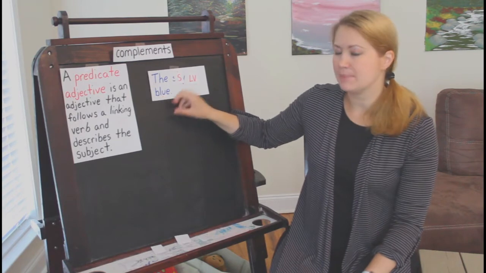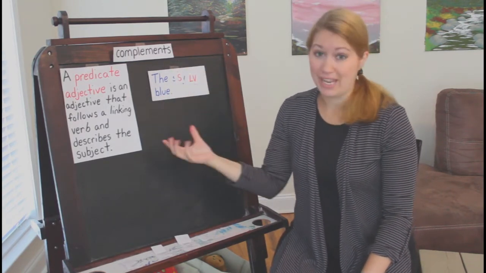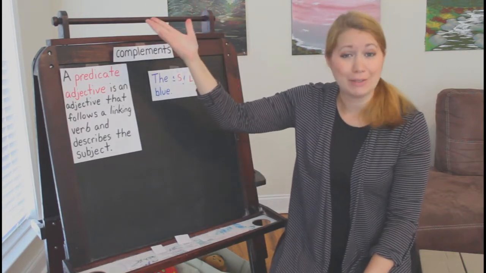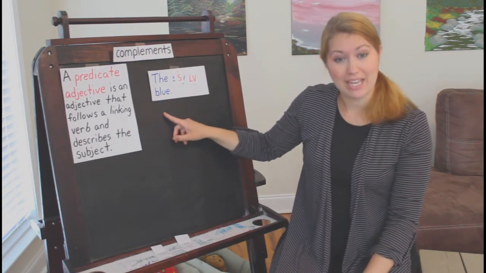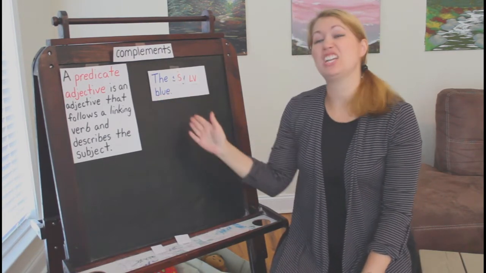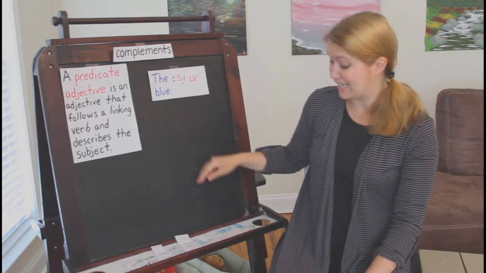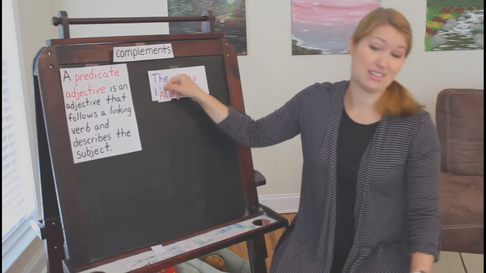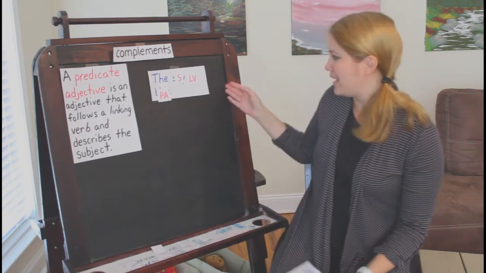Blue is describing sky. It's not another name for the sky. You wouldn't say the blue has clouds in it. Blue is not a name for the sky, so blue is just describing it. It's not a predicate nominative, it's a predicate adjective because it's describing the subject.